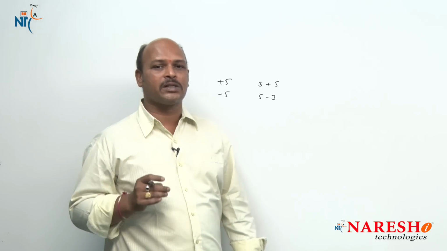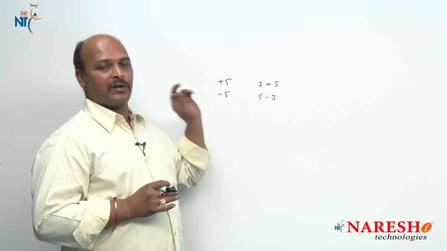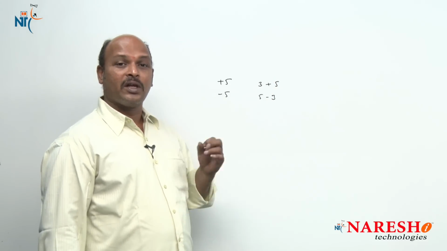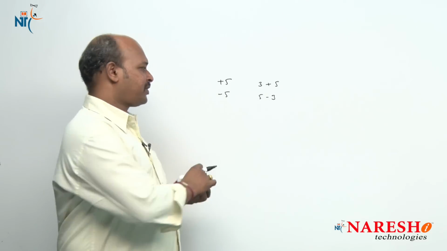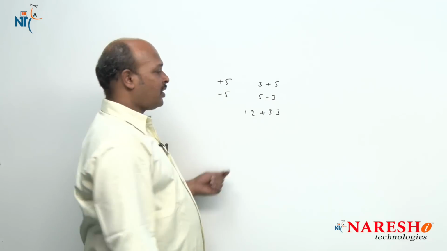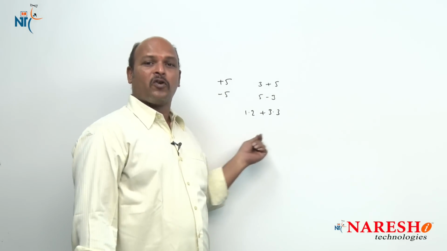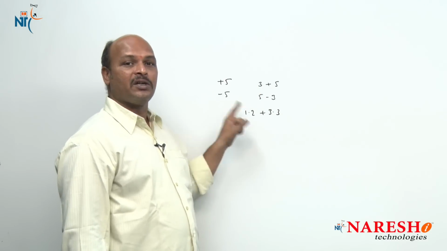Now the point is, 3 and 5 are predefined data types, integer values. For example, 1.2 plus 3.3 are floating data types, and those are integer data types.